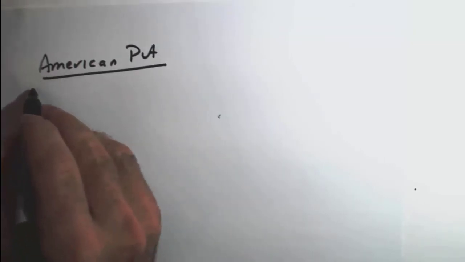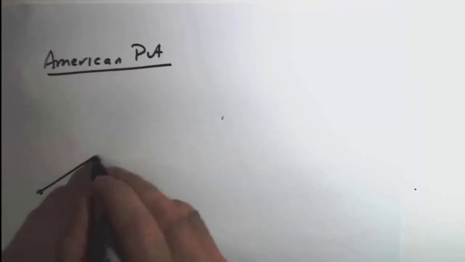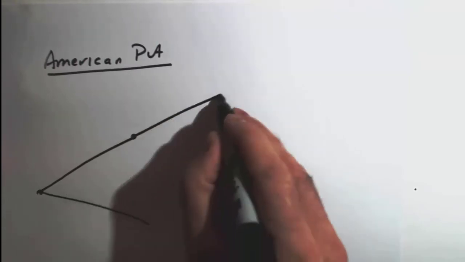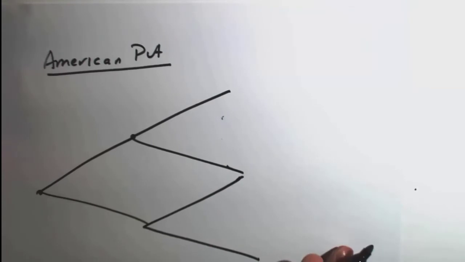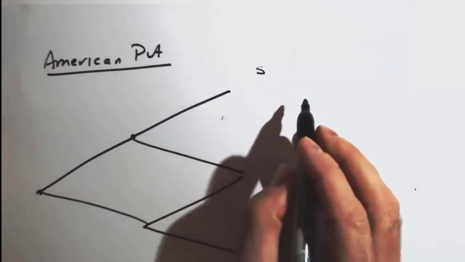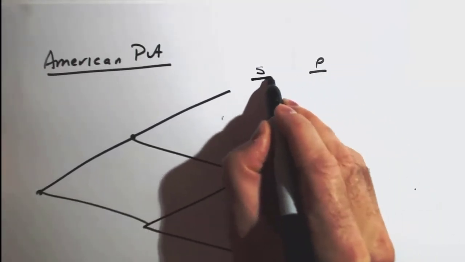Now, let's move on to the American put. We're going to use the same setup as before. So let me draw the lattice work. Make sure it's recombining. We're going to have a stock price, and a put price at the end.